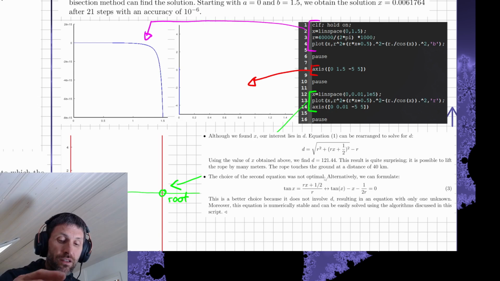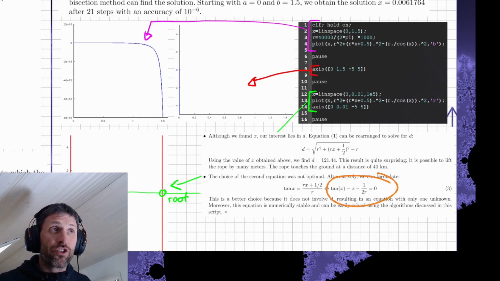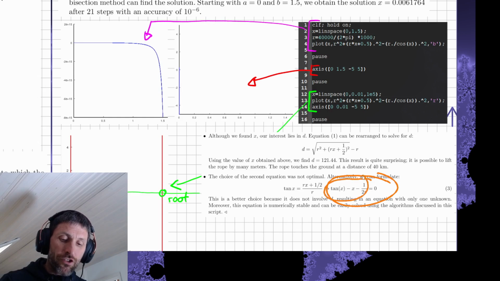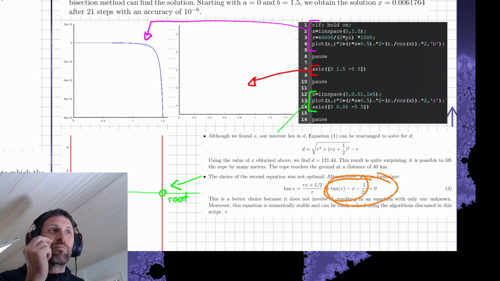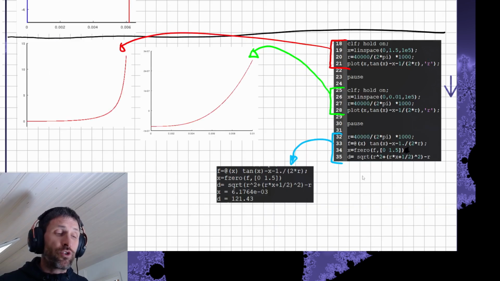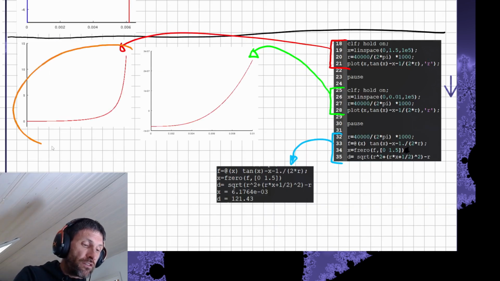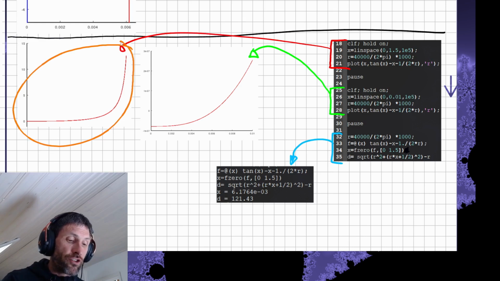And checking this, you can reformulate, and this equation, or better, this function, is a much more tame function. I want to show you that. If you plot that function, you get this function.